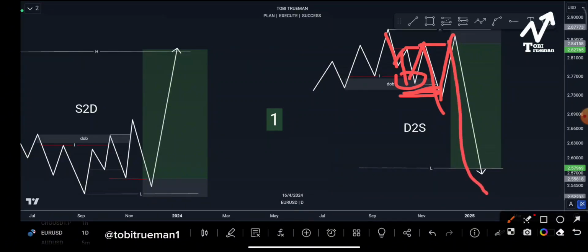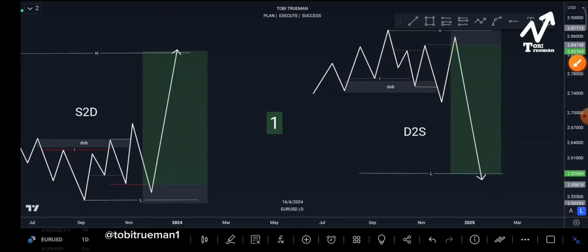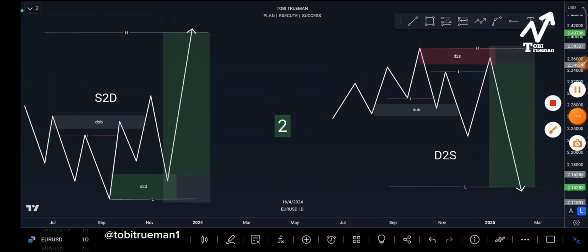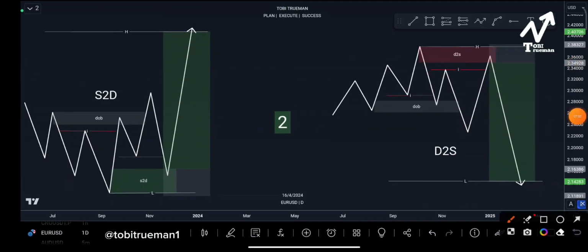To sell, for D2S. This is the type of structure that can happen when price reacts from the additional order block after marking out the correct market structure. All that is clear. In number 2, we can see that after price was in a downtrend, price took out inducement, came to the additional order block, made a reaction, and then failed the additional order block. After price failed it, we anticipate price to do what?